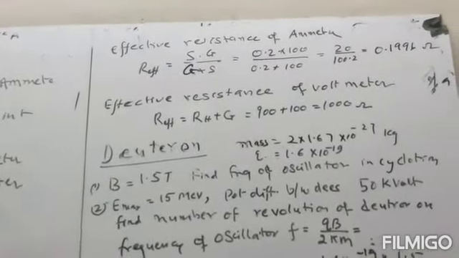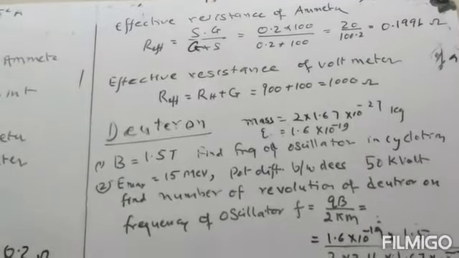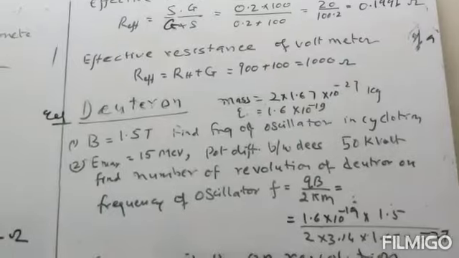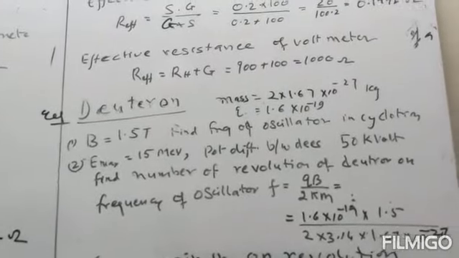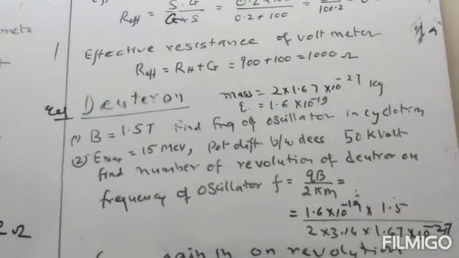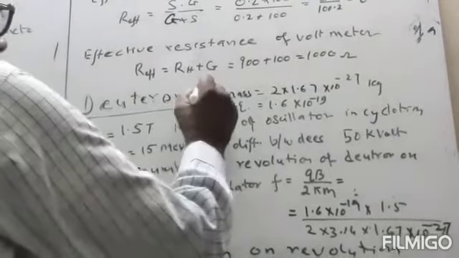Now we will take the next example exercise, which is based on the cyclotron. In the cyclotron, we want to accelerate a deuteron. Deuteron is 2H1.